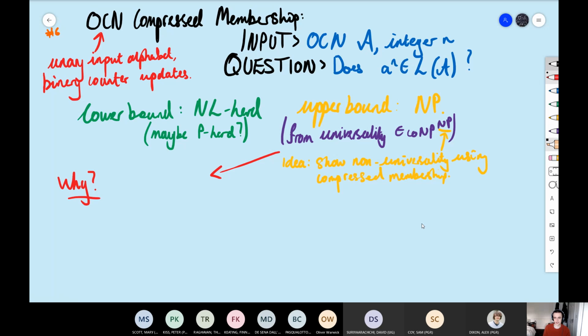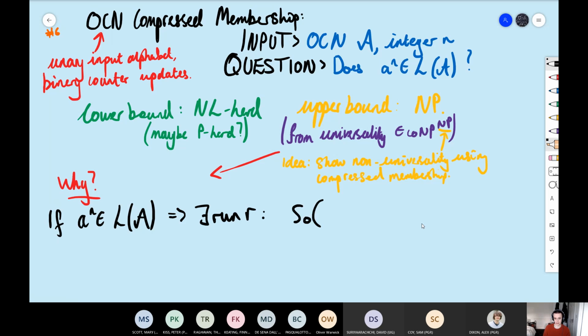I'll try and pen it live because most of this hasn't been live. If a^n belongs to the language of the automaton, that implies there exists a run R that takes you from the initial state, we'll call it s0, starting state with counter value 0. That's the starting configuration for all OCNs.